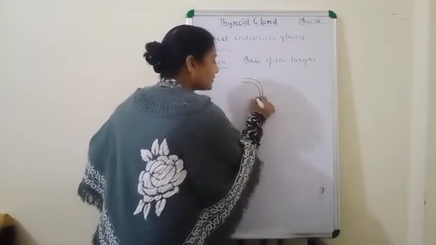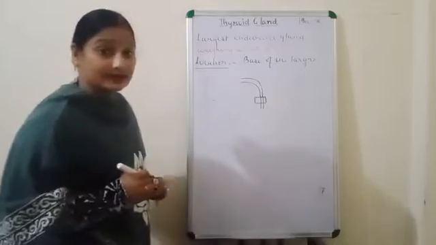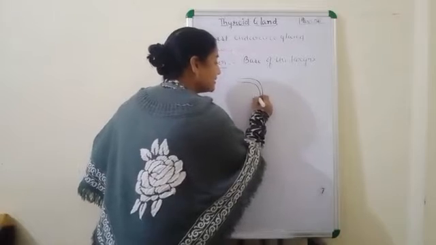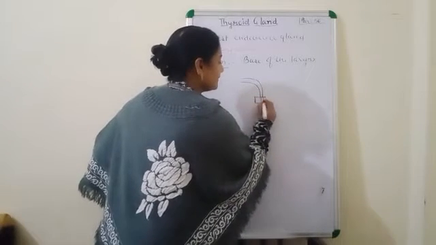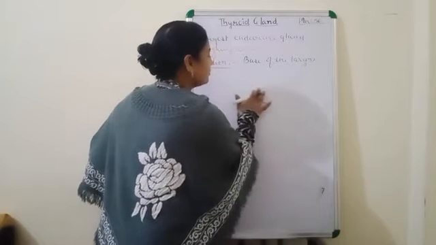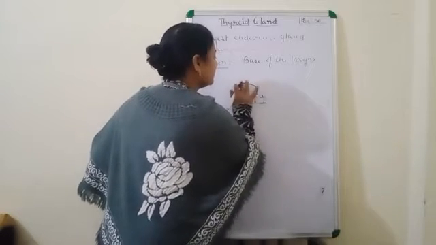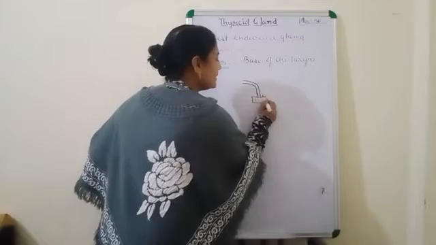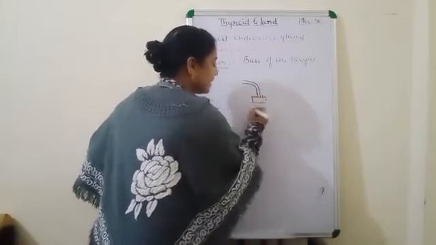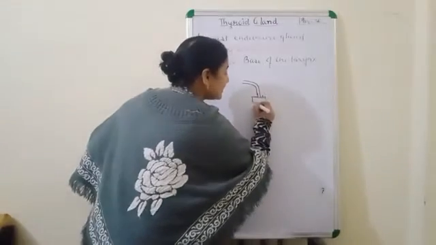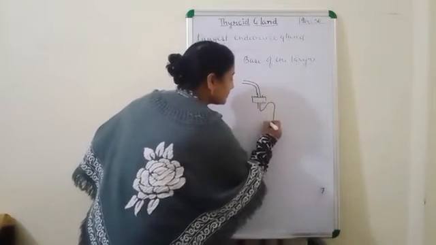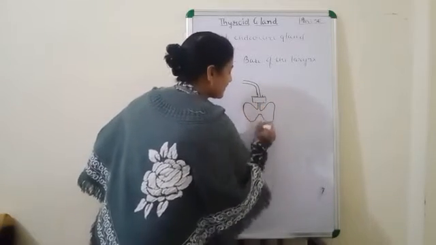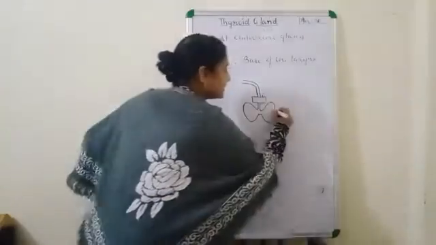The upper part of the trachea consists of the larynx, which contains the voice box, and at the base of this larynx there is, now let me draw in the middle, a structure called the thyroid. Clear? So this is the thyroid.